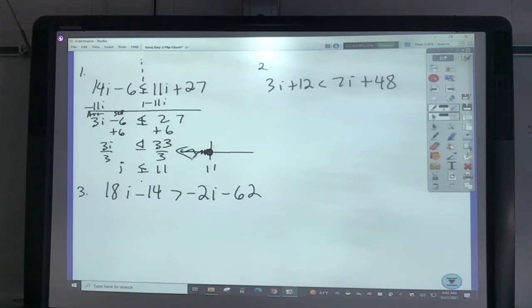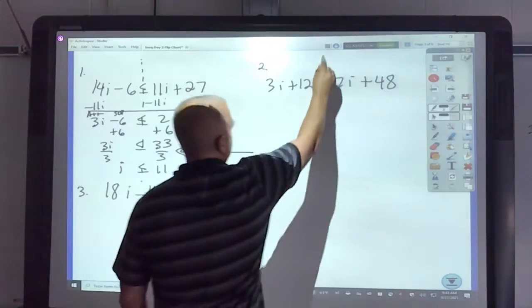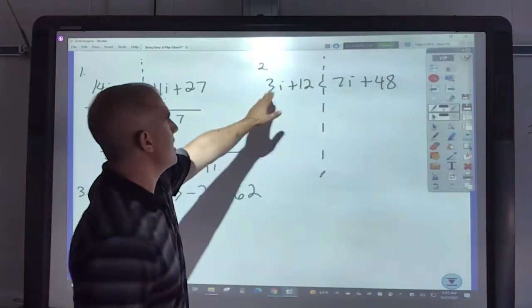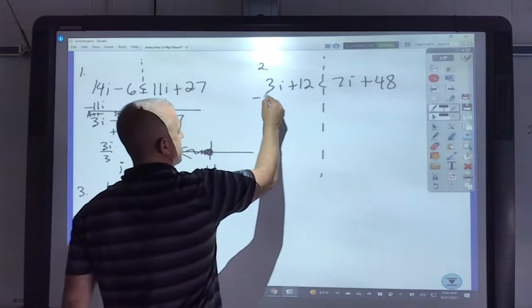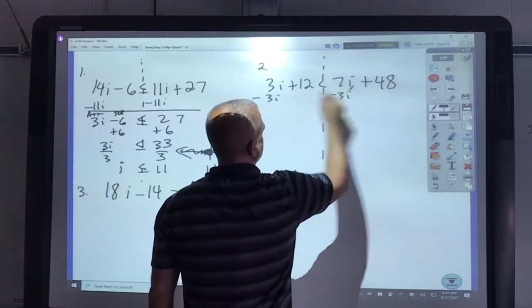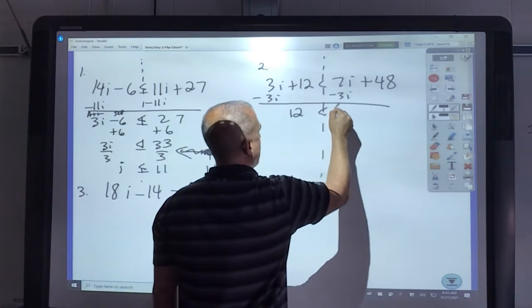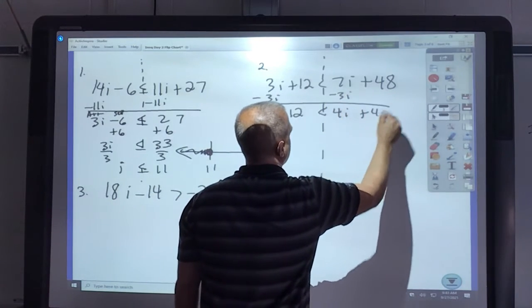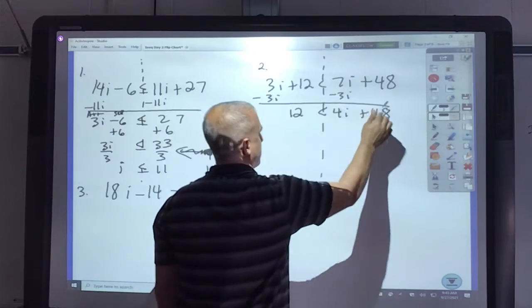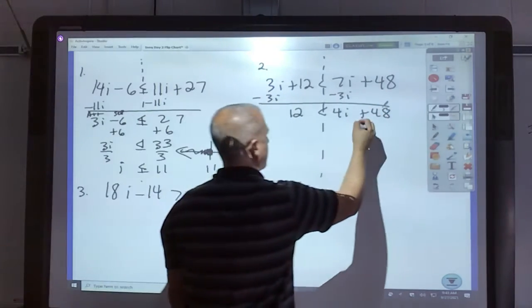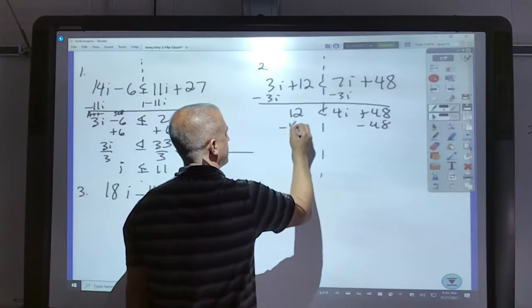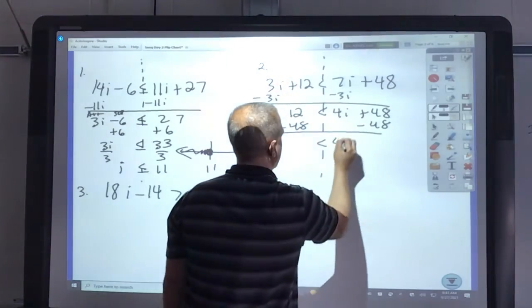All right, this one, okay, gotta be careful. 3i or 7i would be smaller, it would be 3i, so subtract 3i, so I got 12 left over here. 7i minus 3i is 4i. Attached, separated. Remember, I want to move everything away here. So subtract 48, all right, so I got 4i on this side.